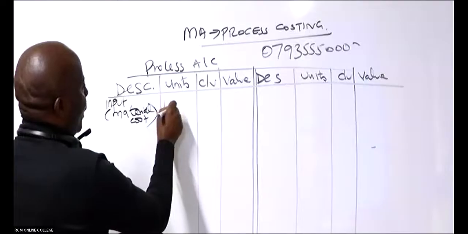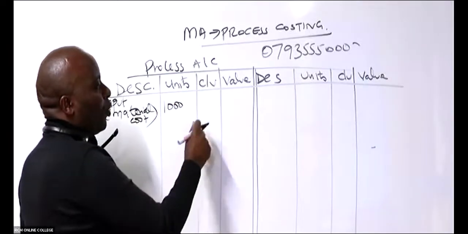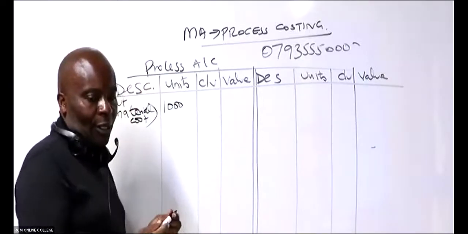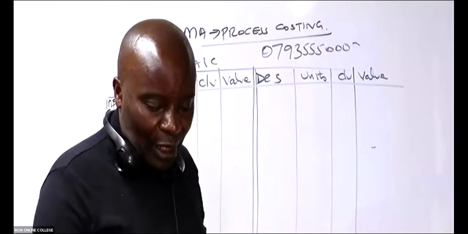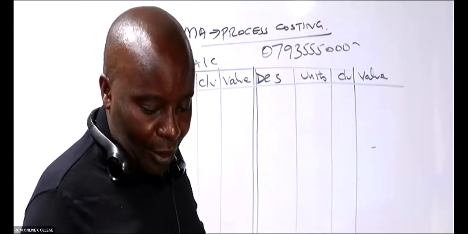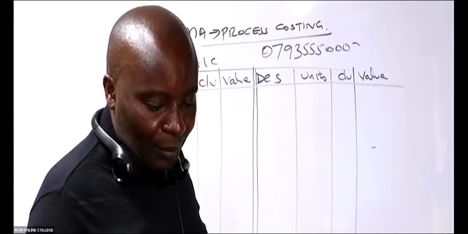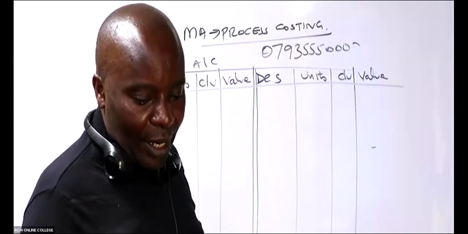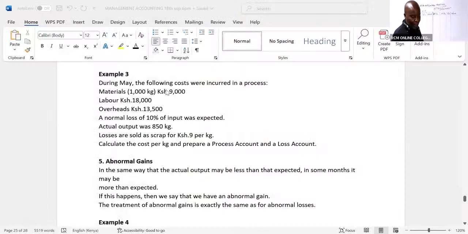So 1,000 units. And what is the total value of this 1,000 units? You can see they are here, costing 9,000. The value is 9,000.